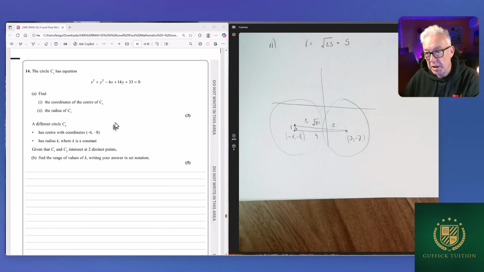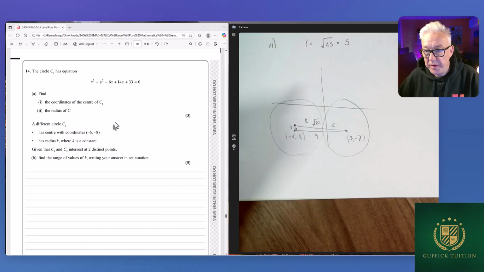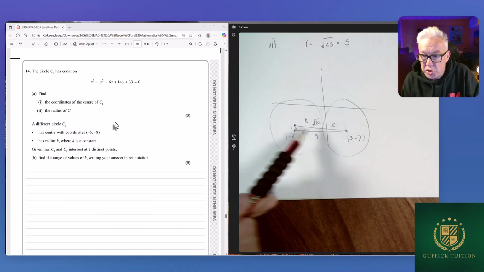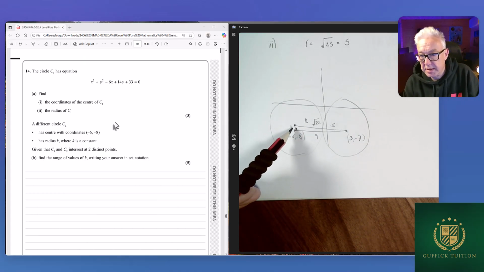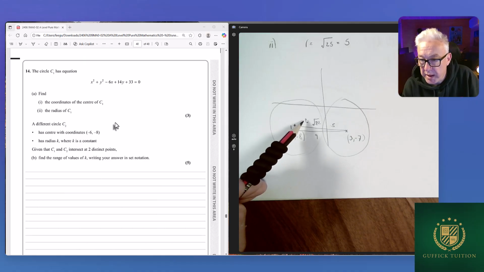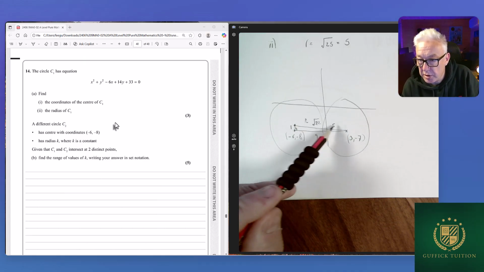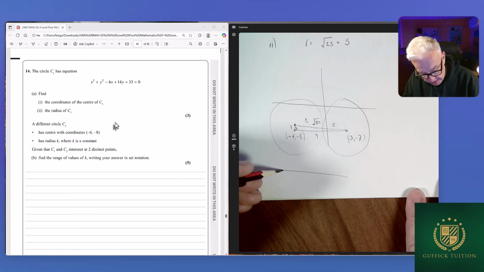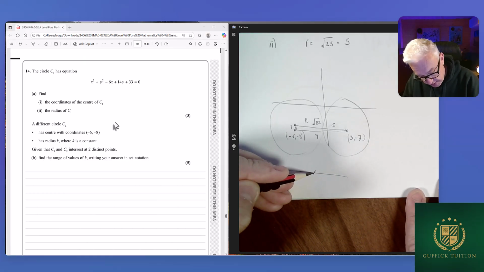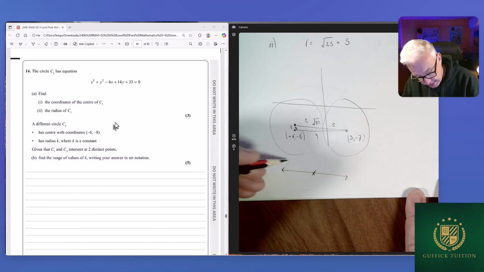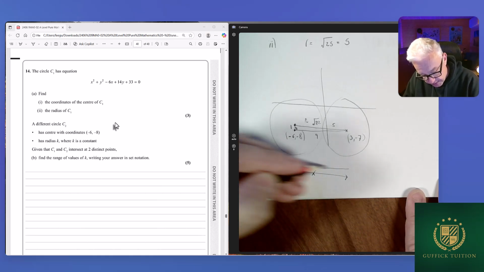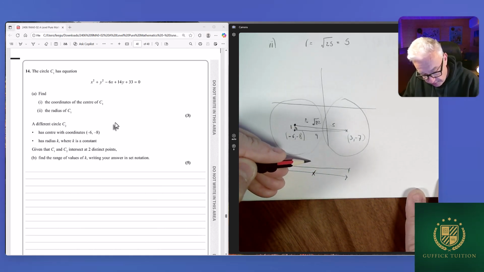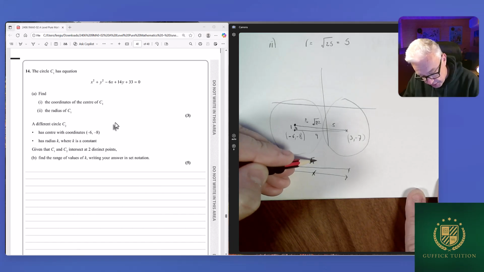Now, when they're just touching, we can find an expression for this distance in terms of k. So when they're just touching each other, k will equal root 82 minus 5. Let me see if I can draw that out to make it a little clearer. This is our whole distance here between the centres, which is fixed at root 82.